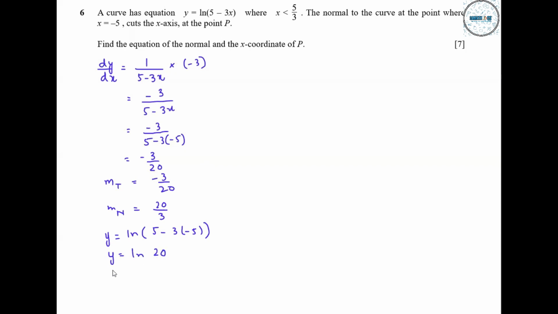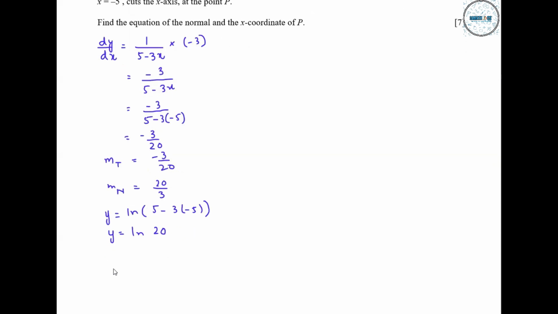So it is ln 20. So now we have here gradient of normal as 20 upon 3 and the coordinates are minus 5 comma ln 20. So we'll make the equation: y minus ln 20 is equal to 20 upon 3 into x minus minus 5, which will become x plus 5.